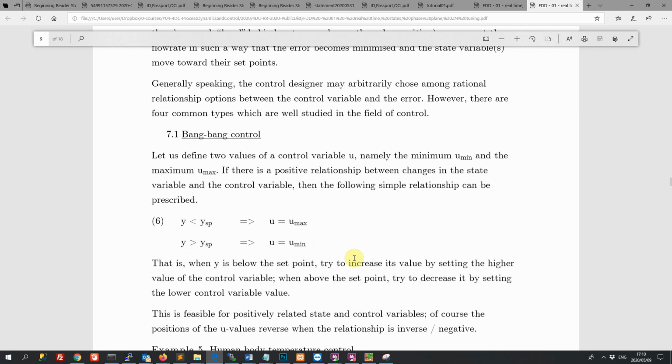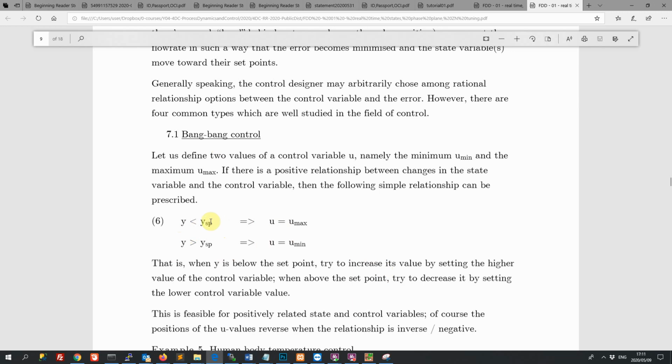So bang-bang control, you are bashing your way between two values until you get closer to your set point value. You can imagine very easily the drawback of this approach, right?